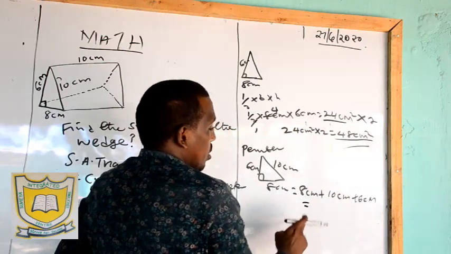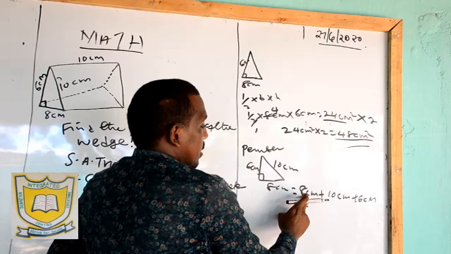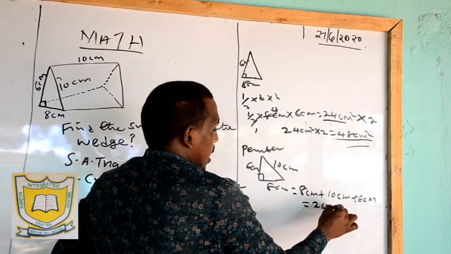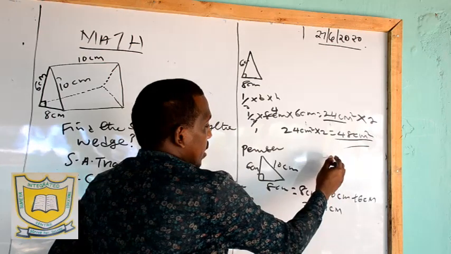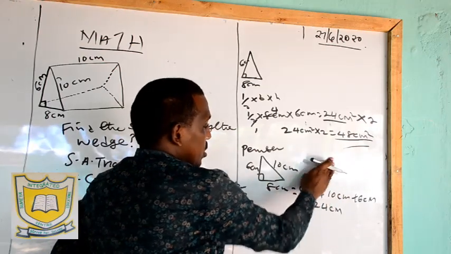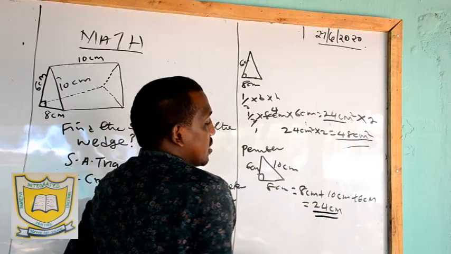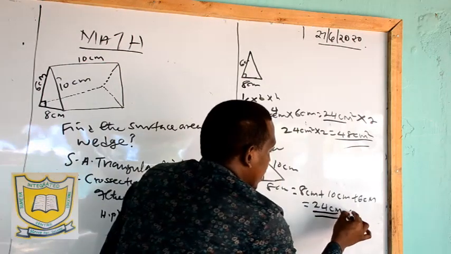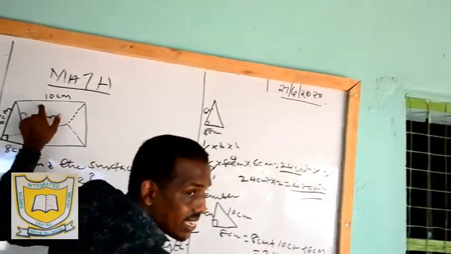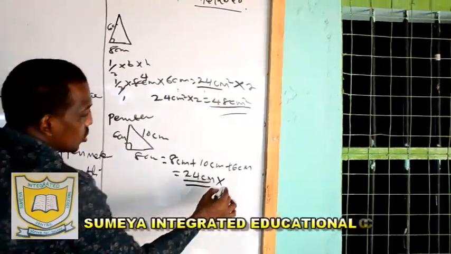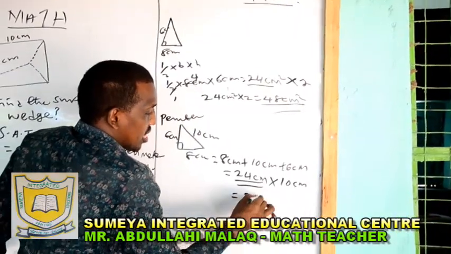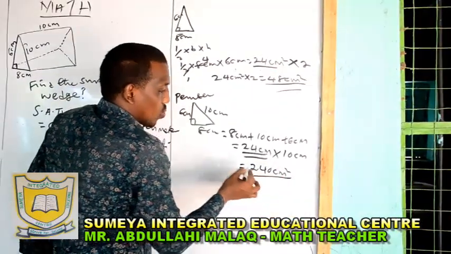What do you get now? 8 plus 10 plus 6, 18 plus 6, that is 24 centimeter. That is the perimeter. Then times the length. The length is 10. So times 10 centimeter, which is equal to 240 centimeter squared.